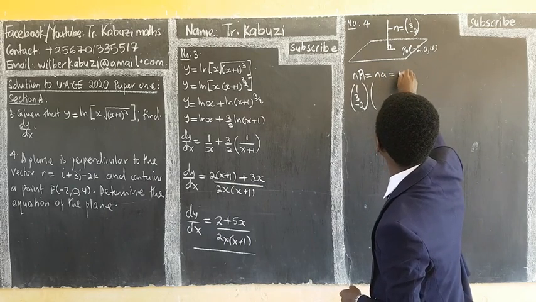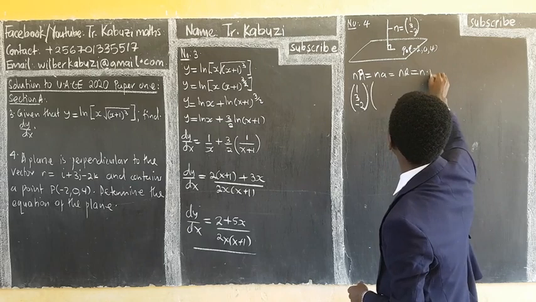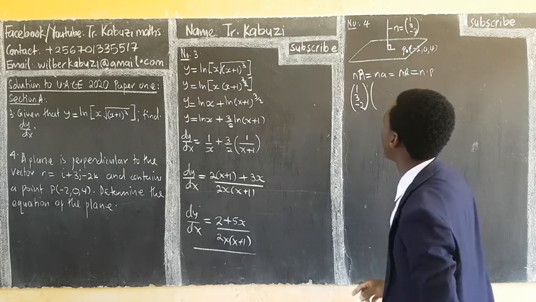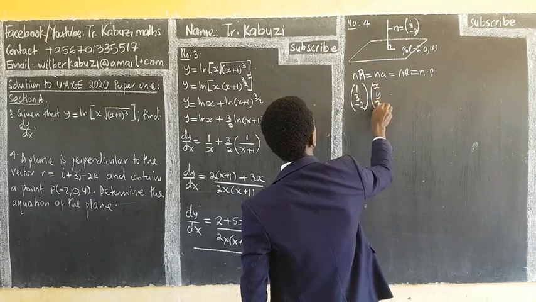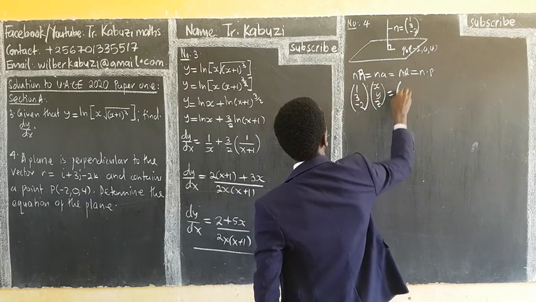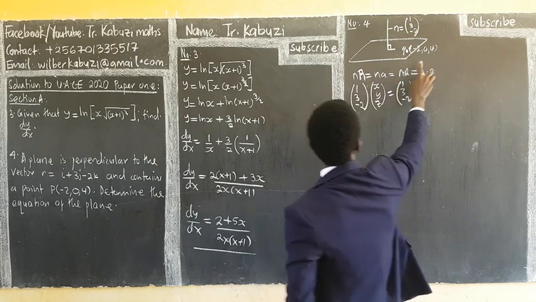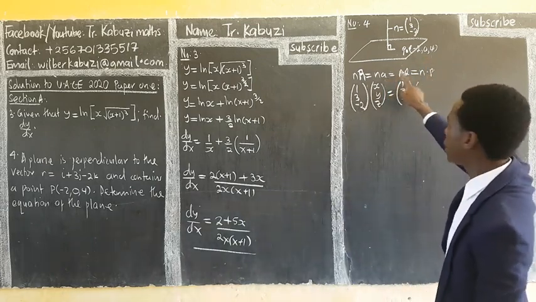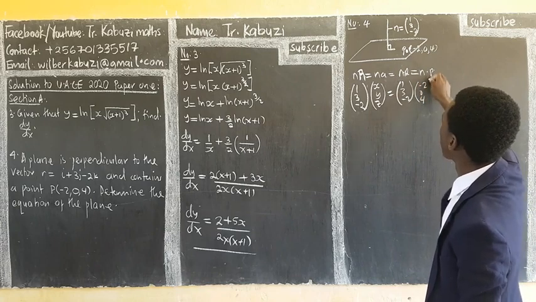It's the same as n·r equals n·P, because our P is now a point. So this r is a general point. Our normal is (1, 3, negative 2), then dotted with the point A on the plane, which is (negative 2, 0, 4).